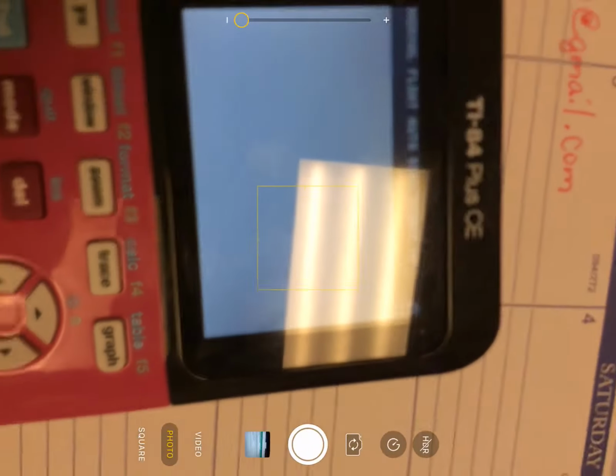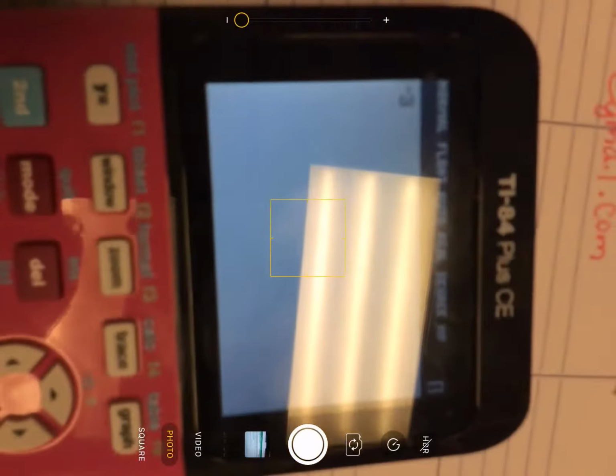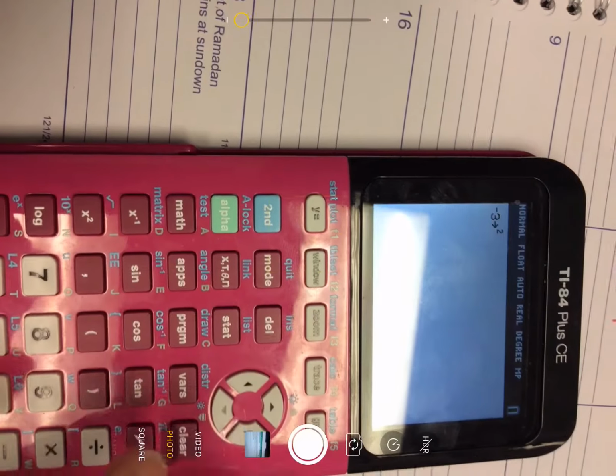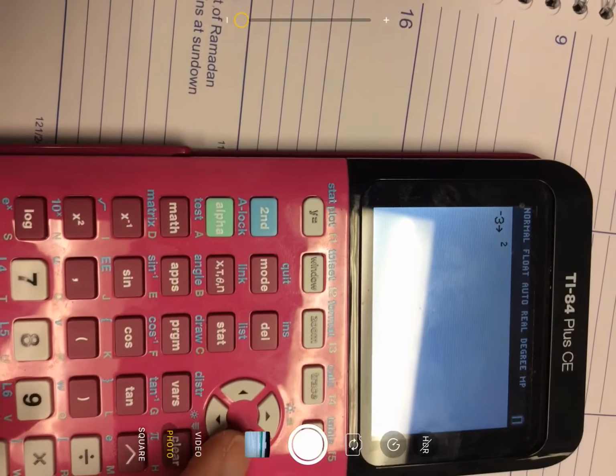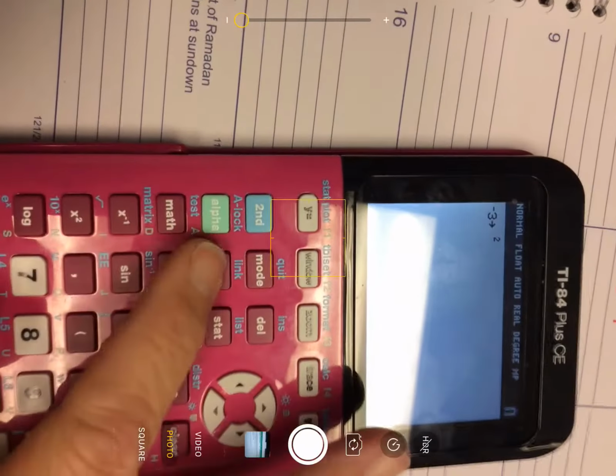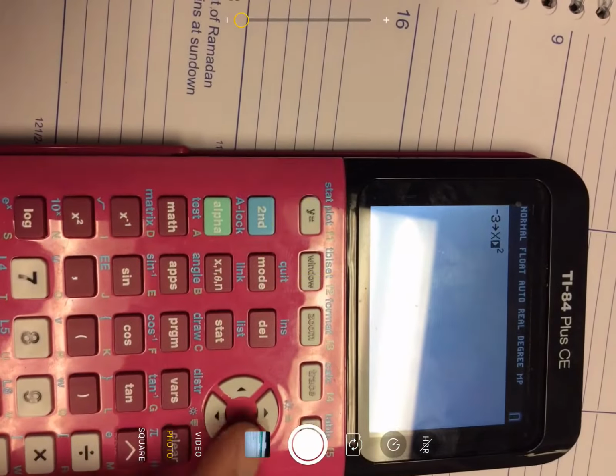So I'm going to put -3, and I'm going to store that. So I come down here to the store button right here, STO, and I hit that, and I'm going to store it in X. Oops, sorry. X, and get rid of that squared there. Alright. So -3 is going to be stored in X. Hit enter.